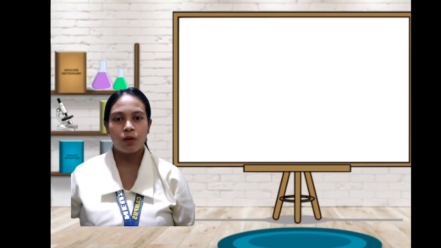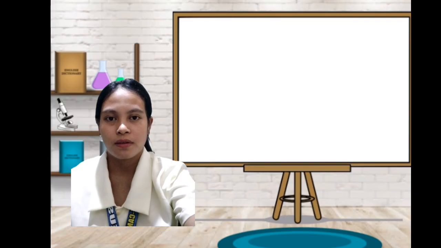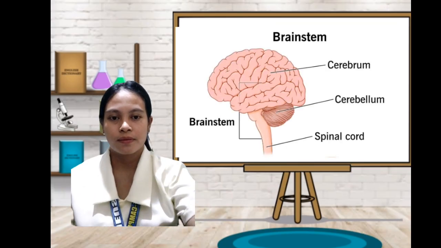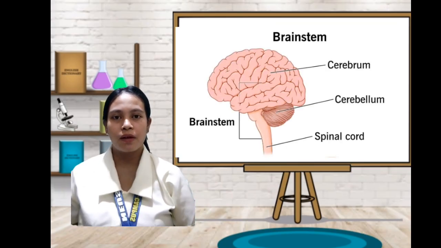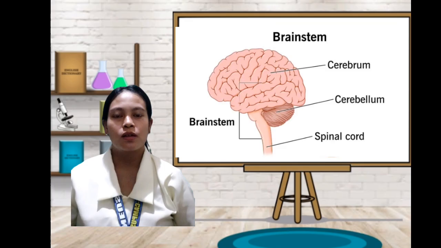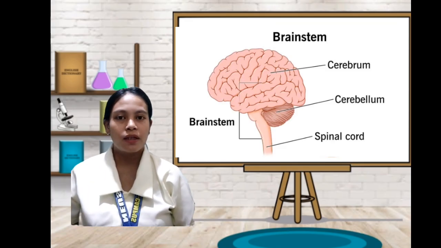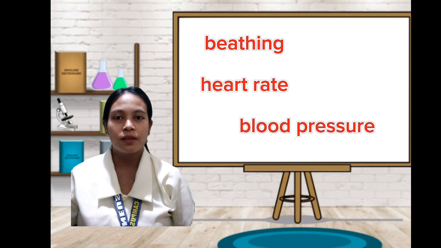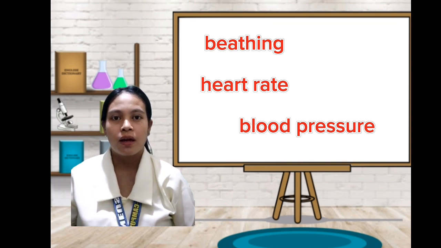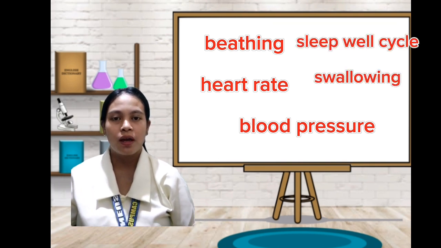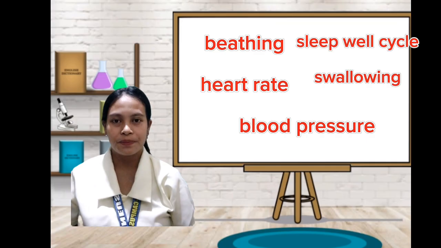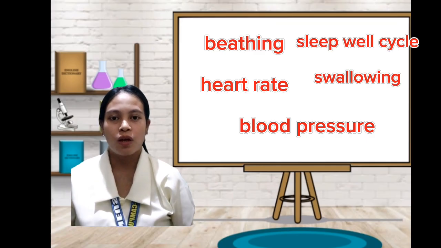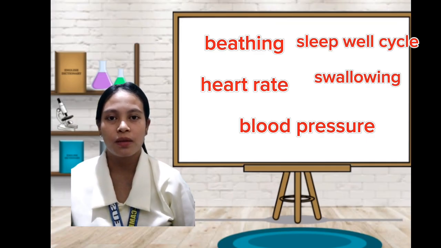So here are the four principal parts of the brain. The brainstem is the part of the brain that connects the cerebrum to the spinal cord. It regulates essential functions, including breathing, heart rate, blood pressure, and sleep-wake cycles. Swallowing is also included in the brainstem.